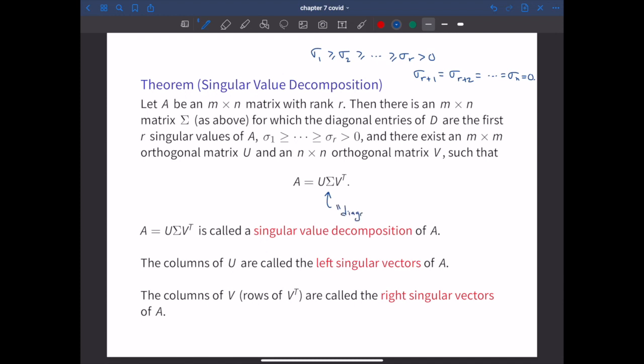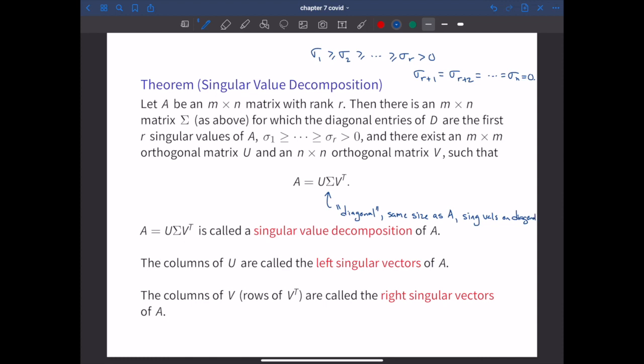I'm going to put it in quotes because it's not really a diagonal matrix. It's actually not even square. But it's one of these kind of fake diagonal matrices. It's the same size as the matrix A, and it has singular values on the diagonal.